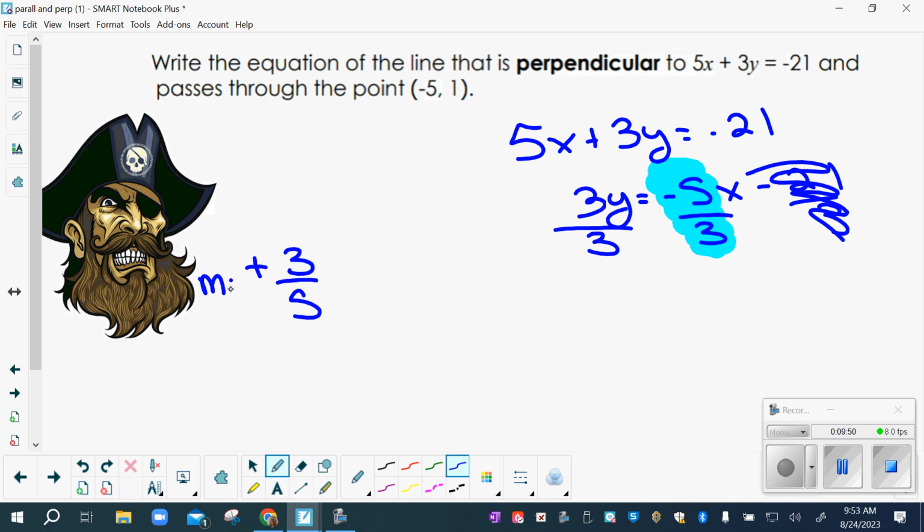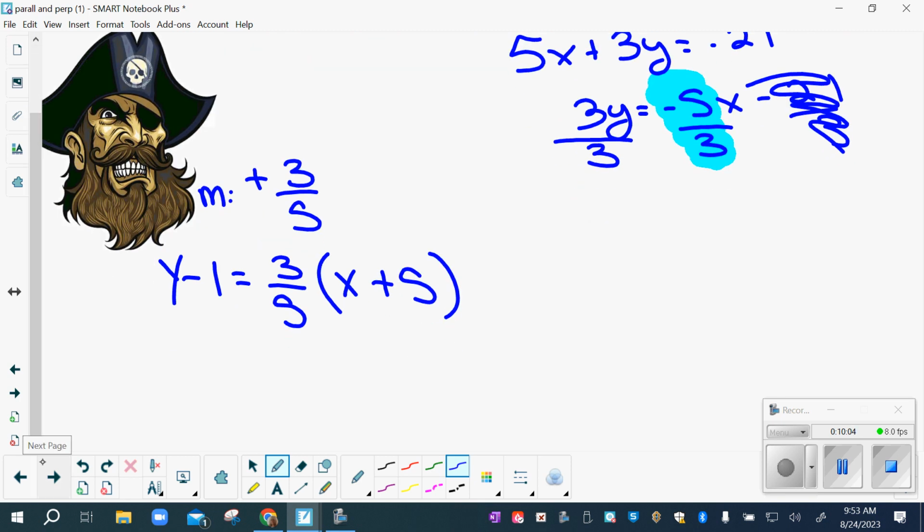So here we go. I'm going to go ahead and say y minus 1 equals 3/5 x plus 5. So y minus 1 equals 3 over 5x plus 1. I'm going to move that 1 over. Did I make any mistakes there? I feel like I did.